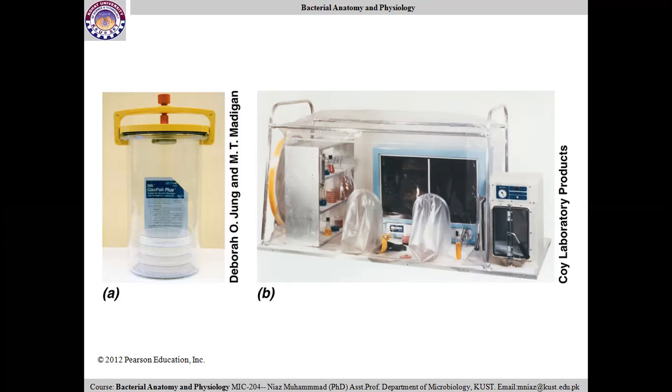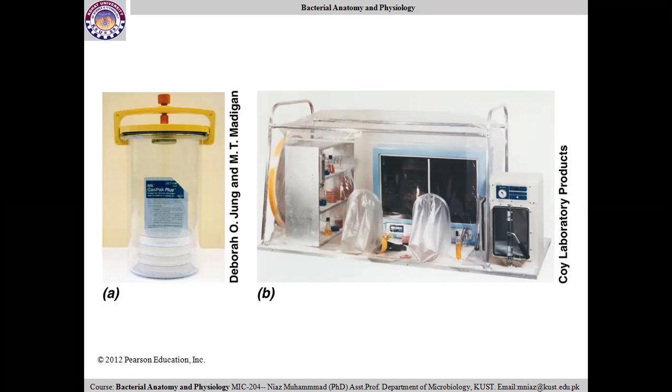So for the growth of anaerobic organisms, we can use thioglycolate medium, as well as such types of jars where we can keep oxygen absorbers, which will reduce oxygen and allow the anaerobic microorganisms to grow.